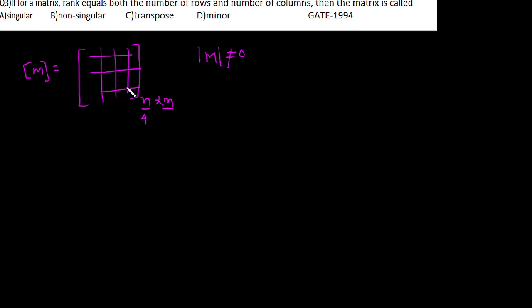So here it is given that the matrix has a full rank, so all its rows and columns are linearly independent. If that happens, then the determinant of this particular matrix is always non-zero. And if we get the determinant as non-zero, we call it non-singular. So option B is the correct one because it has non-zero determinant. So it's called a non-singular matrix.